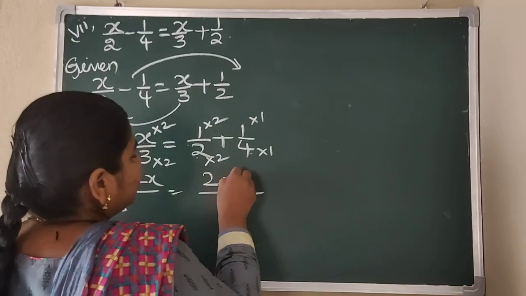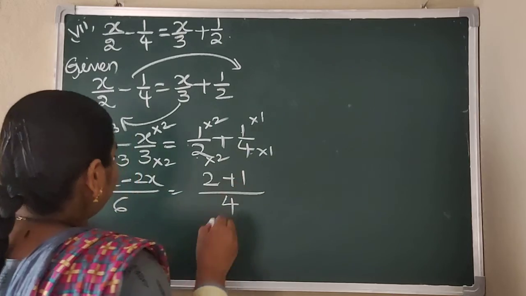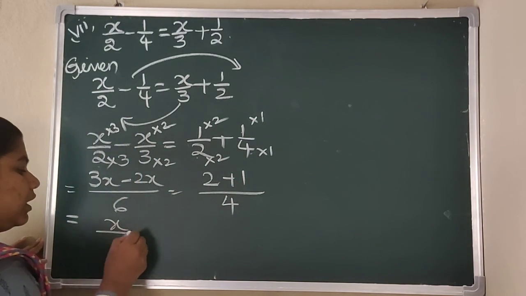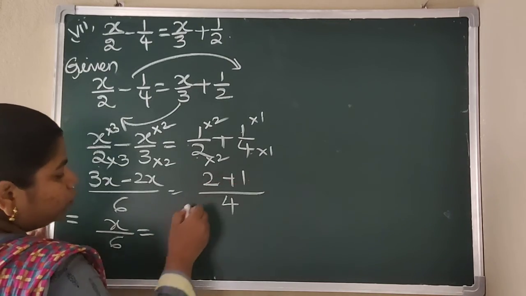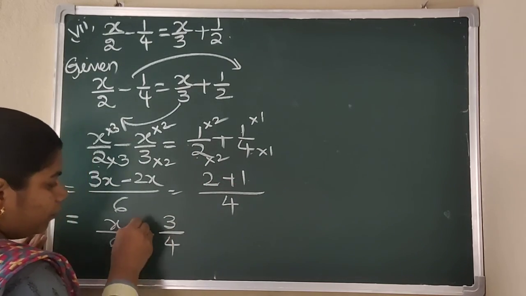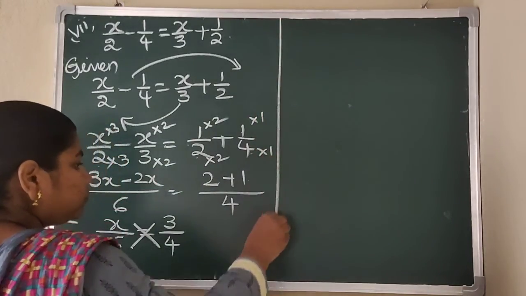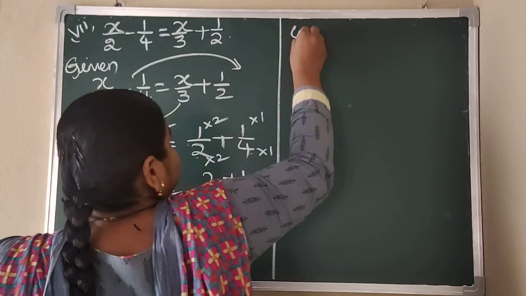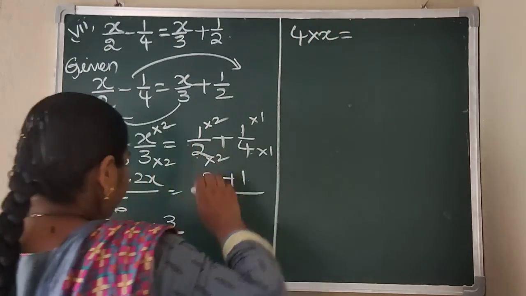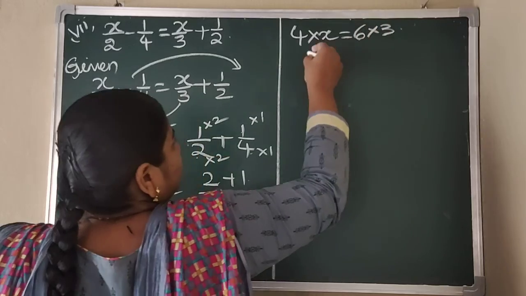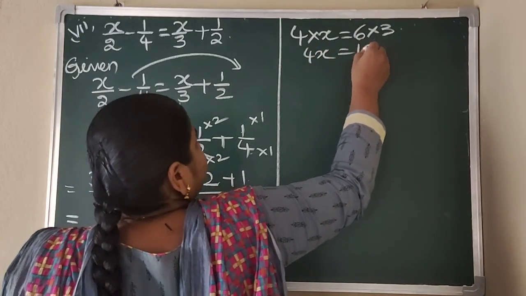So that will be 2 plus 1 into 1 will be 1. So 3x minus 2x will be x, that is 1x by 6 is equal to 2 plus 1 is 3, 3 by 4. Now you can cross multiply here. So that will be 4 into x is equal to 6 into 3.